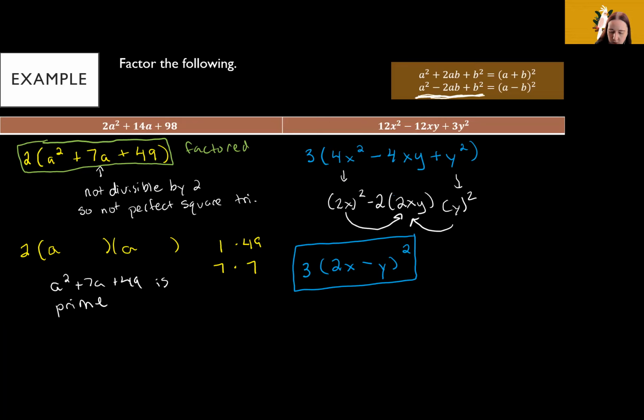And I'm looking at the bottom one because that one is a minus. So the first thing is something squared. So 4, I can get from squaring the 2. And x, when you square it, gives you x squared. So that's where the 2x comes from. Then the y squared is literally y squared.